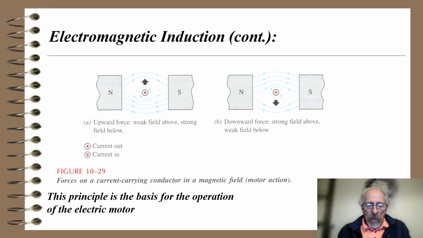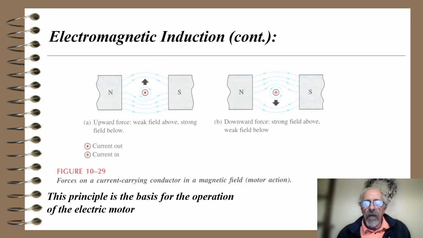In this one, we call it the motor effect. I pass a current through a wire that's in a magnetic field, and notice there's an upward force on figure A here. Notice now that in A, the dot shows the current going into that wire, into the slide.